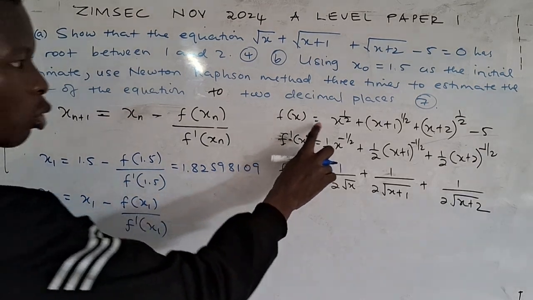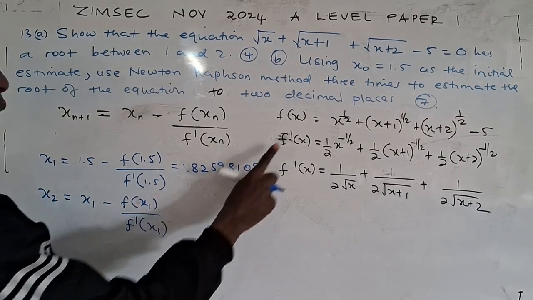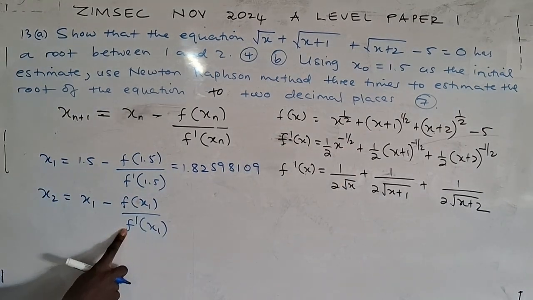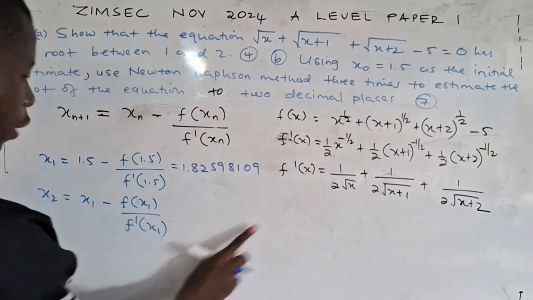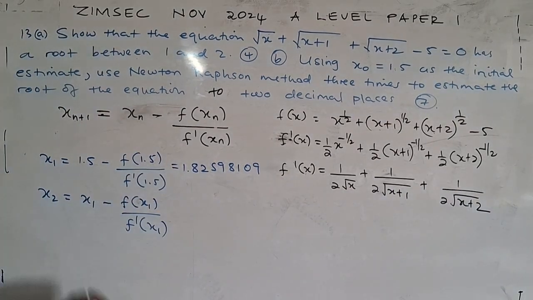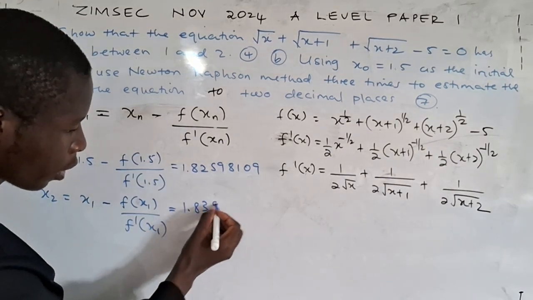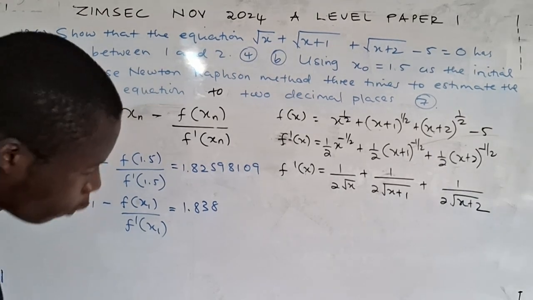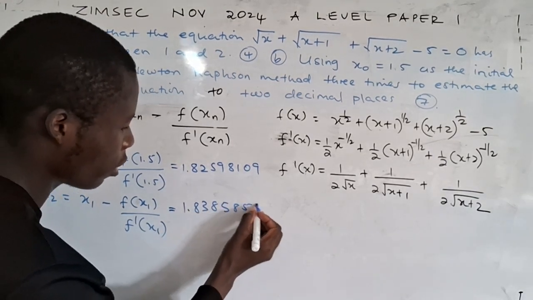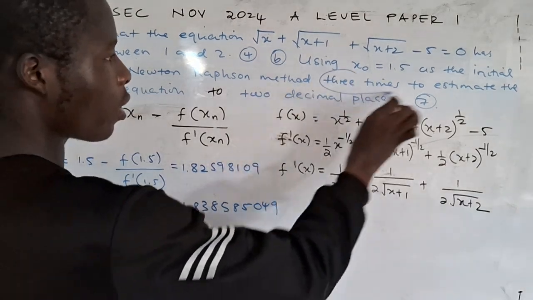So you substitute where there is x by 1.825981009 in f of x. And again, in the first derivative of f of x, you substitute where there is x by this. Then you find the answer. If you solve this, you find that the answer is 1.8338585049.